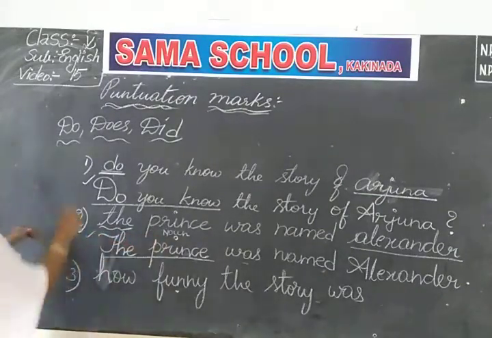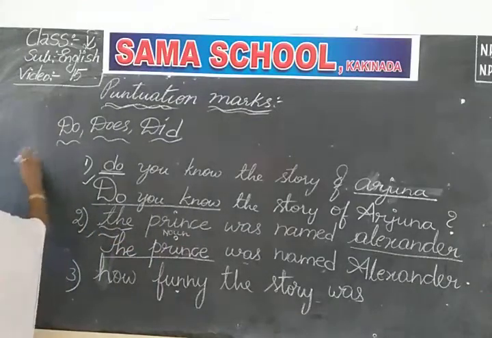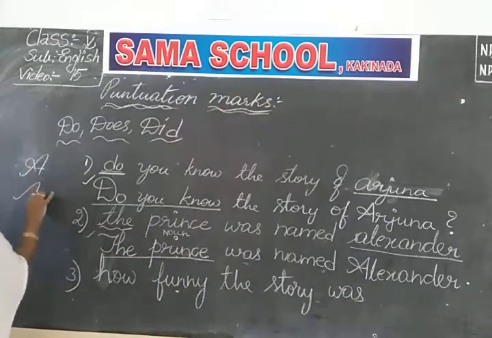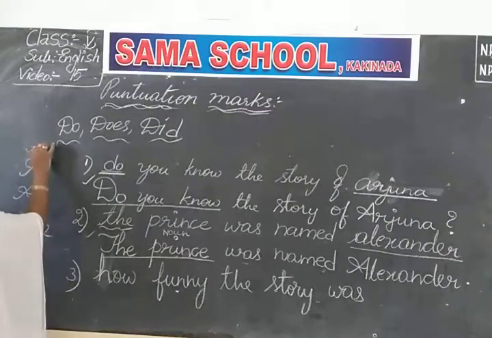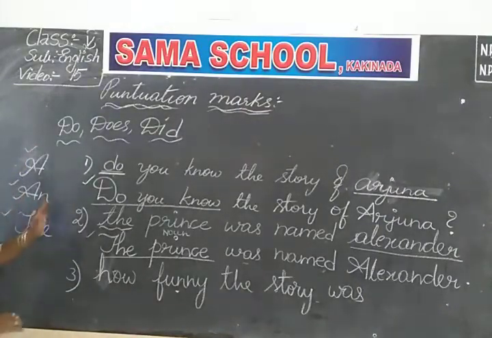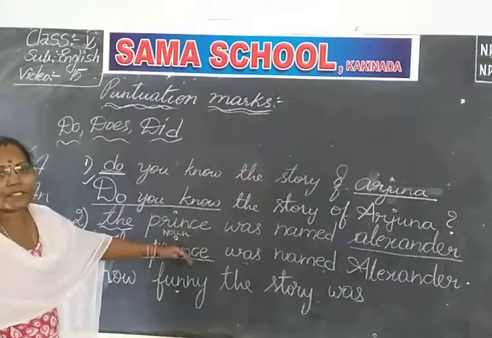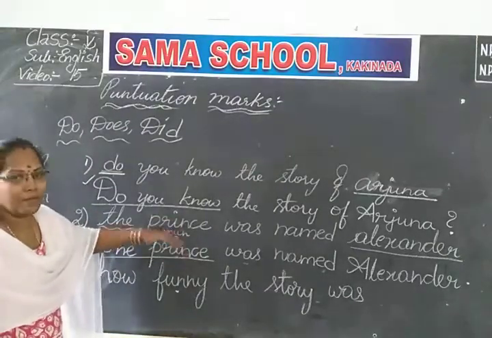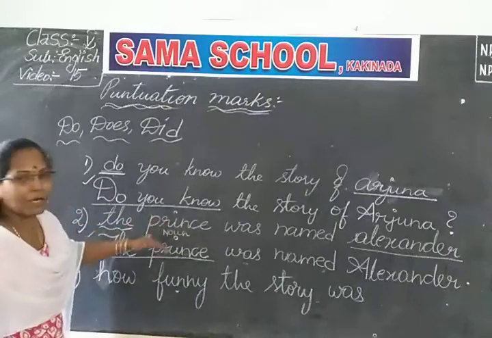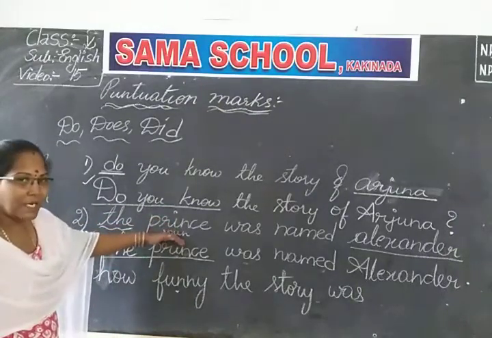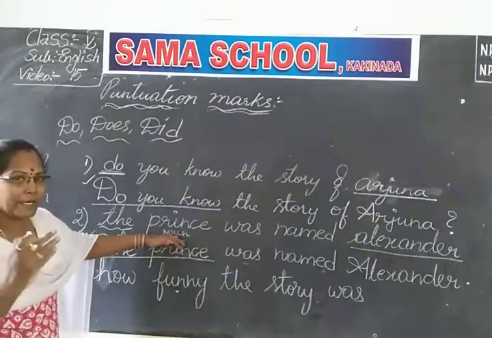If the sentence is beginning with a, an or the, keep these three words aside and take the second word. Take the second word into consideration and find out whether it is a noun or a pronoun. If the sentence is starting with a noun or a pronoun, what did I tell?